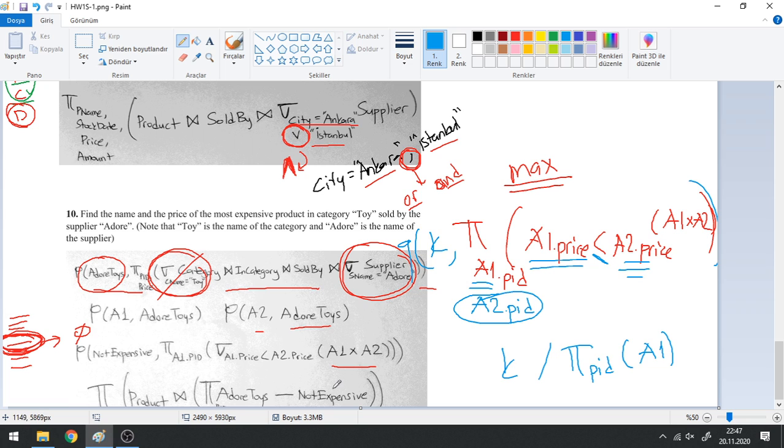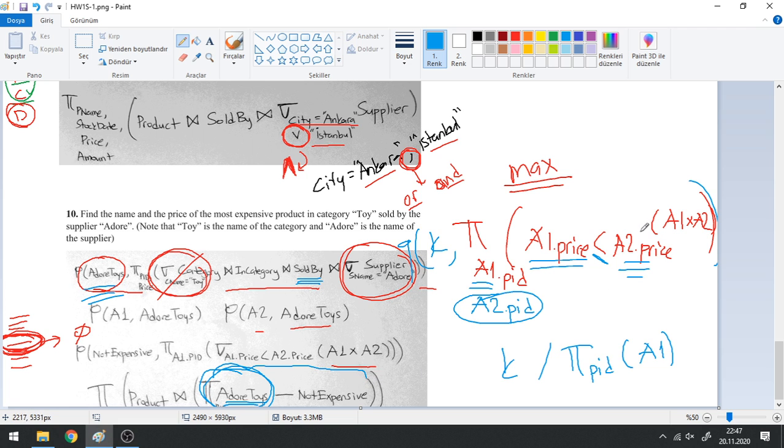We can find them, and when we subtract them from the whole set, again, this is not going to be all the products, or this is not the sold by table. This is the subset that we find. And then the remaining ones will be the most expensive ones.